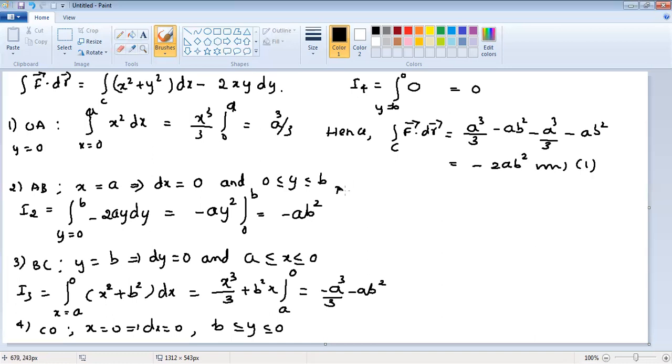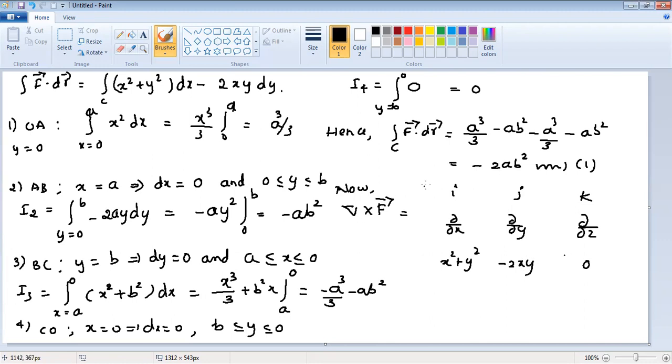Now, we'll find del cross vector F. It's the cross product of del and this vector F. So i, j, k; dou by dou x, dou by dou y, dou by dou z; and the coefficients: for dx it is x square plus y square, for dy it is minus 2xy, and here it is 0.